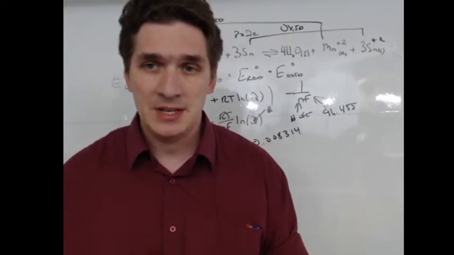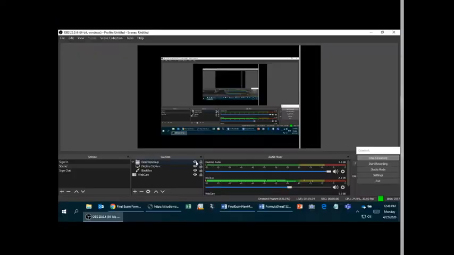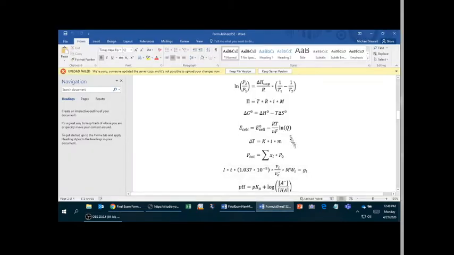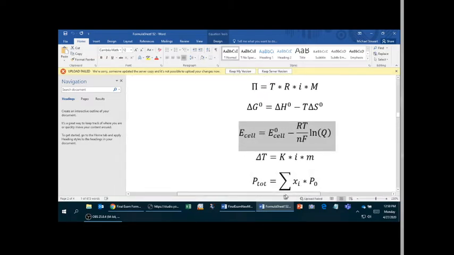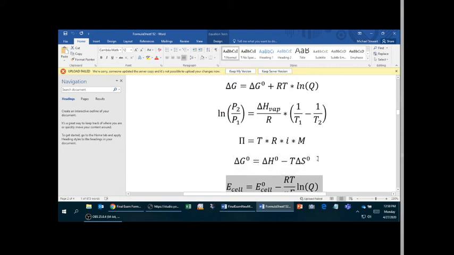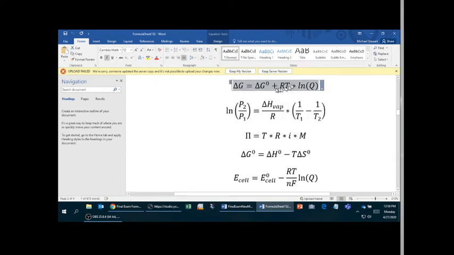The formula sheet on the final exam is going to be a little bit cleaner than my handwriting. But it's this equation here. E cell equals E cell naught minus RT over NF times the ln of Q. And again, it's analogous to the earlier Gibbs relationship that we worked with, delta G equals delta G naught plus RT ln Q. It's that equation times negative 1 over NF.